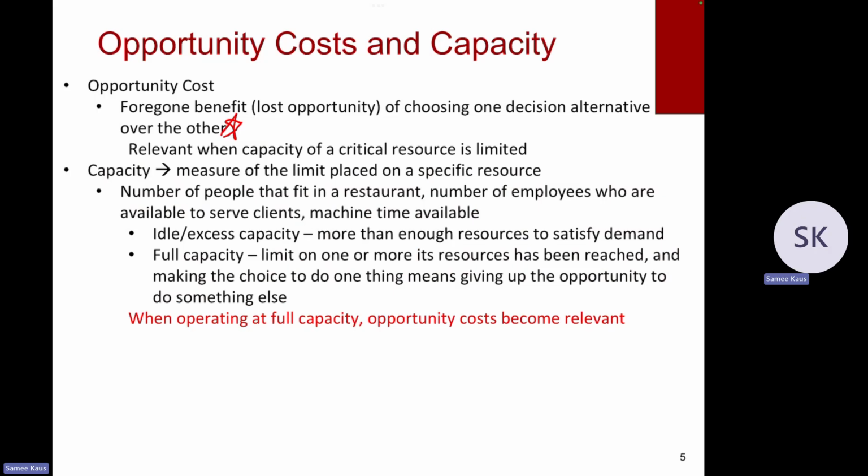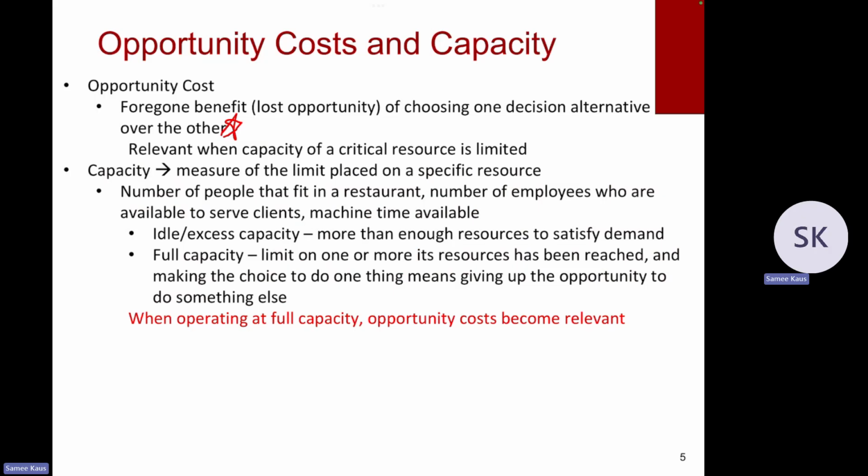And capacity is the measure of the limit placed on a specific resource. So just like with Starbucks last week, or in our last chapter, they can only serve so many customers, right? Like they only have so many espresso machines, only so many people can go in and sit in a Starbucks. So they're limited in capacity.